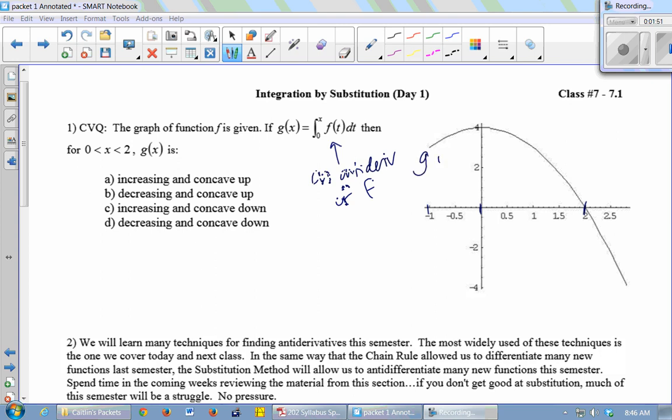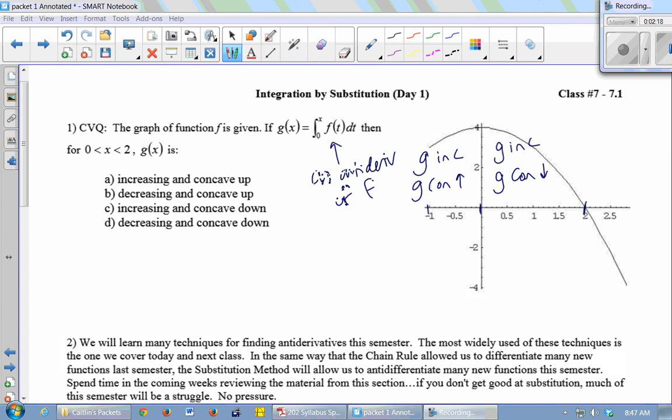So here I'll put g increasing because f is positive. And f is increasing, which means that g is concave up. And then from 0 to 2, f is positive, which means that g is still increasing. But now f is decreasing, which means that g is concave down.